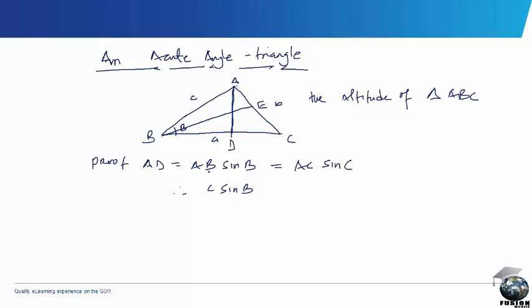So the side AB could be denoted as c sine B, equal to AC, which is b sine C. So this implies that we can say that b over sine B is equal to c over sine C.